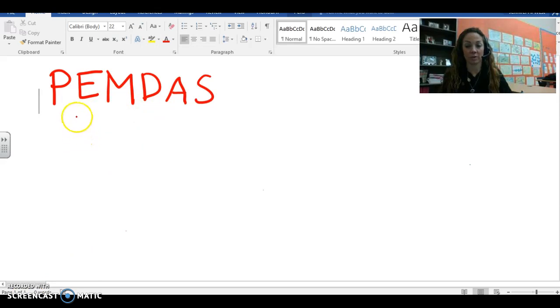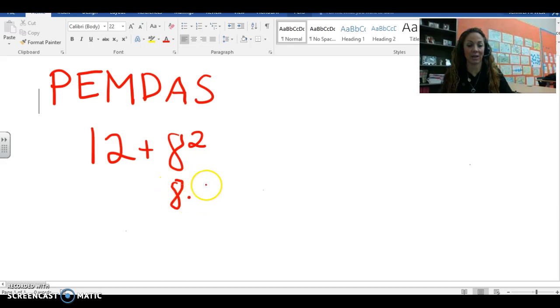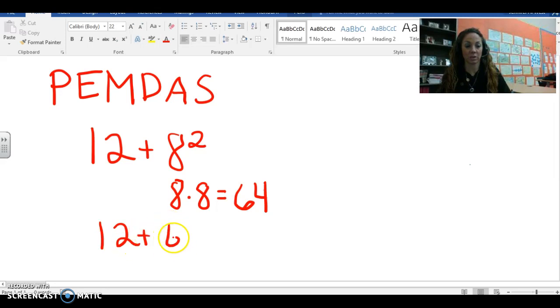Okay, we're going to do another one. So we will do 12 plus 8 squared, or 8 to the 2nd power. We have to start with the exponent, the "excuse" part. So 8 to the 2nd power means we multiply 8 times itself 2 times. That equals 64. So we have 12 plus 64.